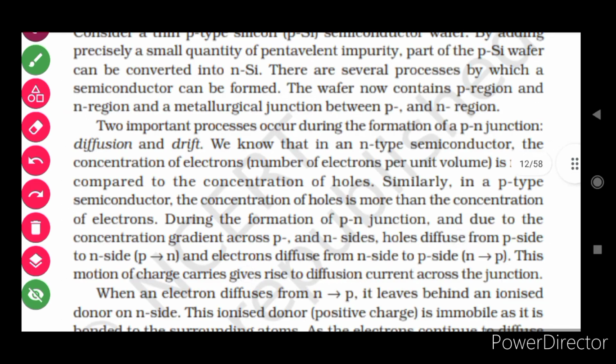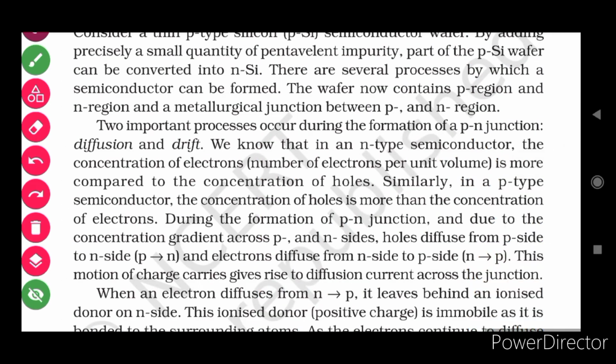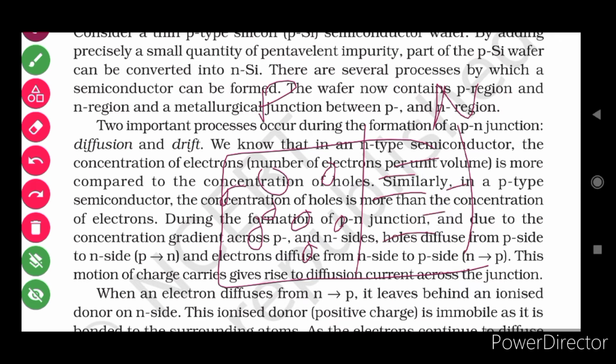Two important processes occur during the formation of a PN junction: diffusion and drift. In a P-type semiconductor, recall from the previous video, the majority charge carriers are holes. In an N-type semiconductor, the majority charge carriers are electrons.